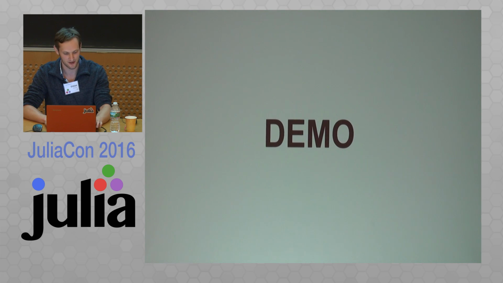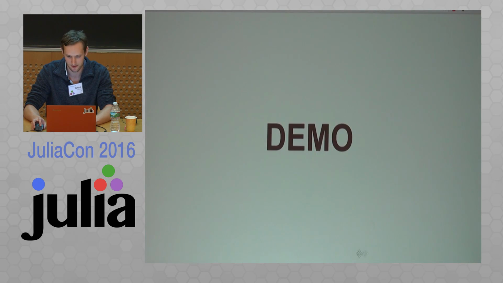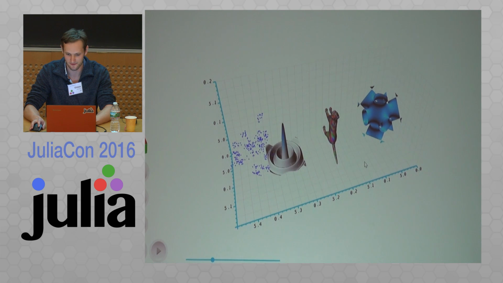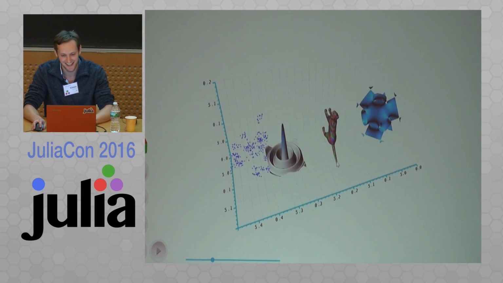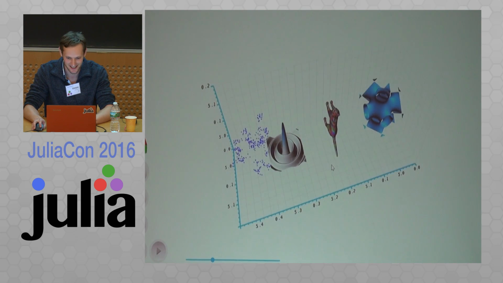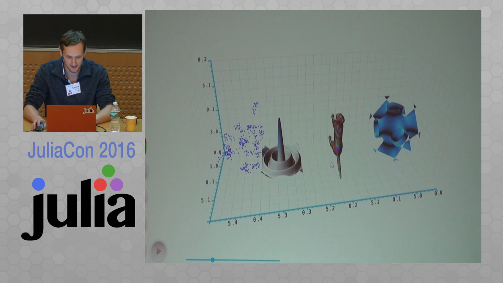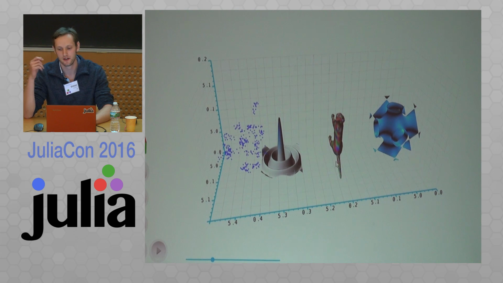Oops, there we go. I have prepared a demo, real life, with a few bugs. I will try to work around that. So this is basically the new glplot. So glplot is just, in the end, now a very thin layer over GLVisualize, which gives you some UI elements, like these little buttons here.